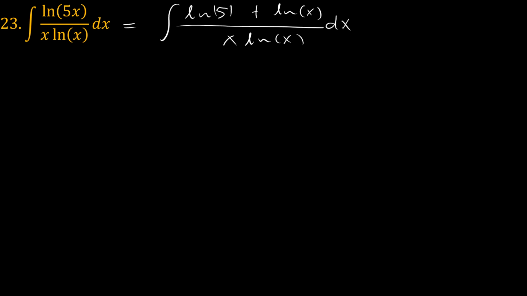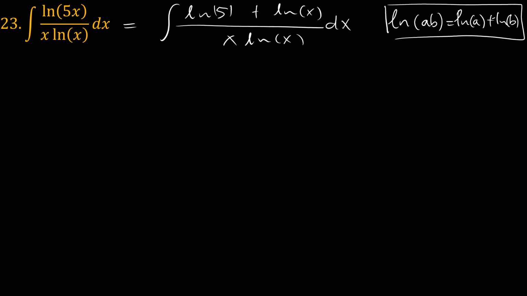And this we're using the rules of logarithm, where if you have log of AB, that's the same as natural logarithm of A plus natural logarithm of B. So we're using this relationship to separate the numerator.